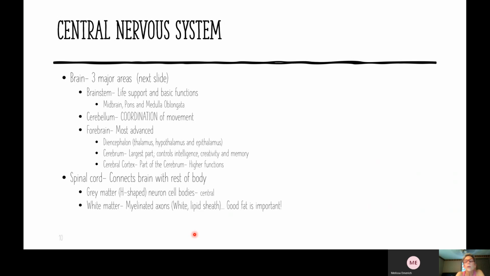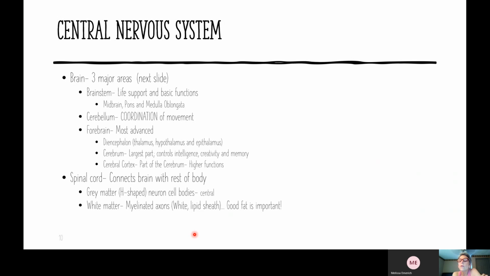So it's got the brainstem, which is responsible for basic functions that do not require our conscious thought at all, that keep the heart beating and the respiration. So the life support is a result of the brainstem functioning properly. And that includes, coming up from the bottom, the connection with the spinal cord, the medulla oblongata, the pons, and then the midbrain.